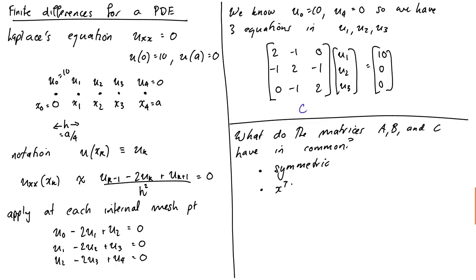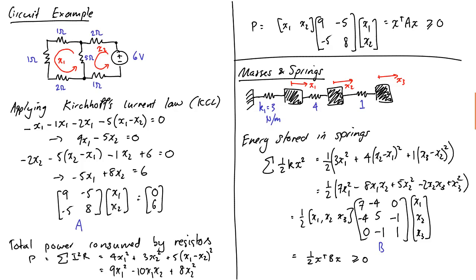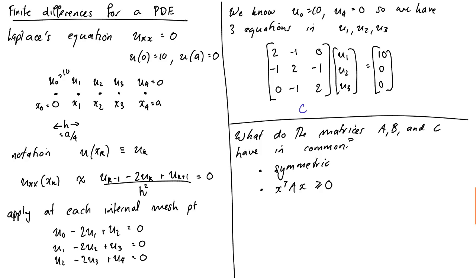Well, we don't have a corresponding expression for the third one, but for the first two, we had x transpose bx is greater than or equal to 0, and we had x transpose ax is also greater than or equal to 0. Right, so it happens that it's also true for this third one as well, although we don't have such an obvious way of just writing it down.